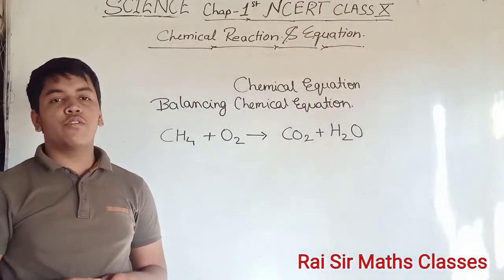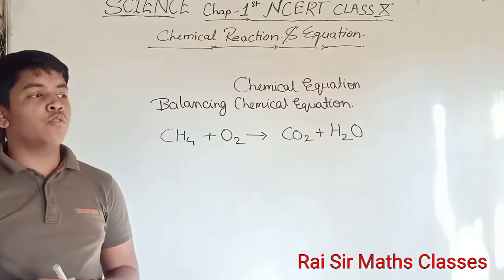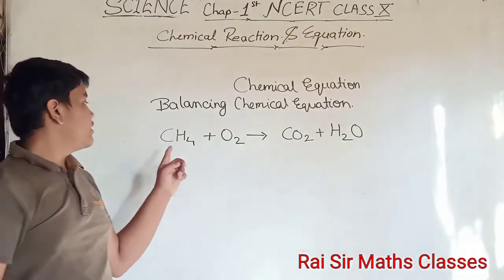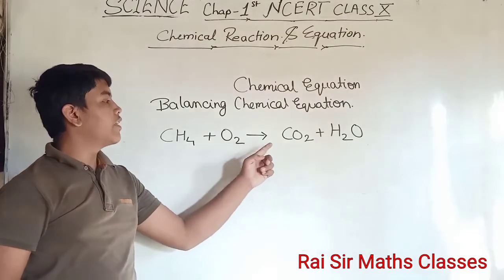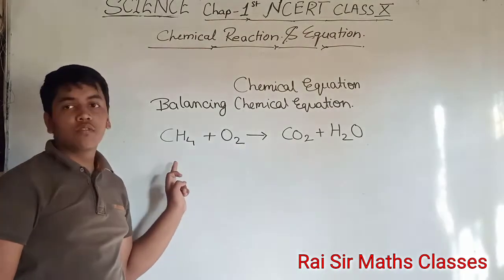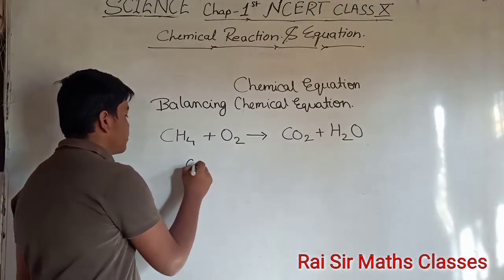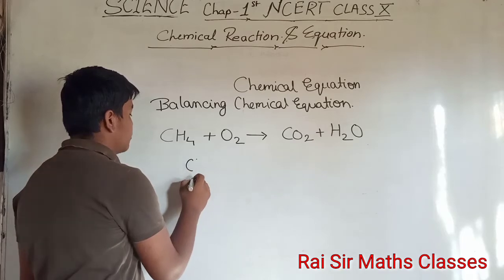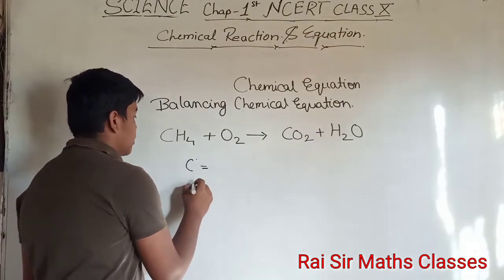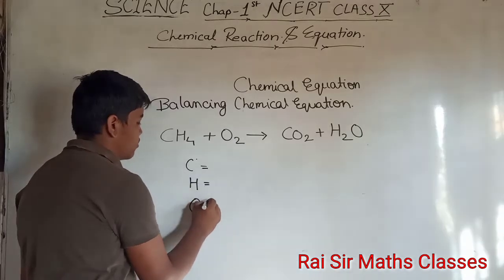Now we are going to have a more difficult equation to balance. As you can see, methane plus oxygen will give carbon dioxide plus water. Now we have to balance it out. So we write C means carbon, hydrogen and oxygen.